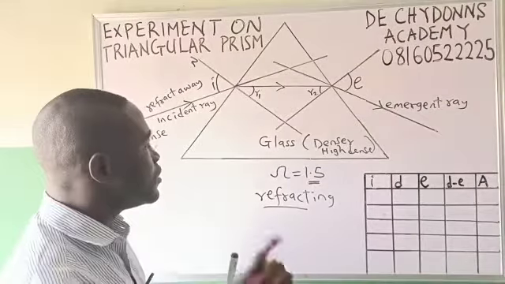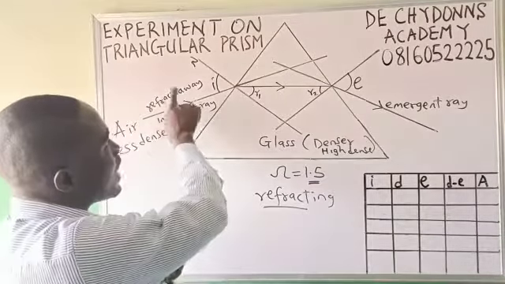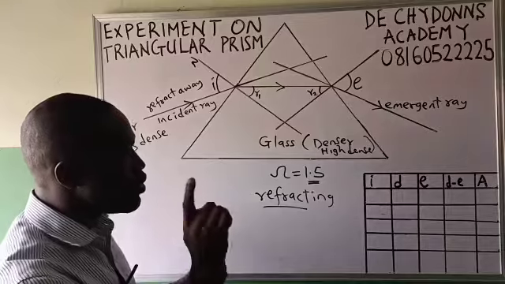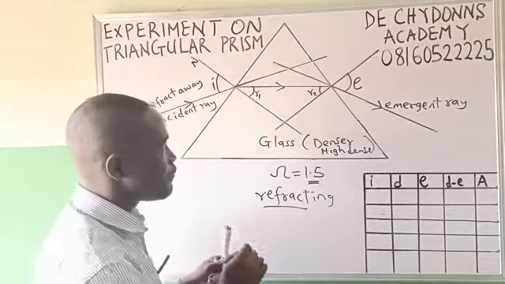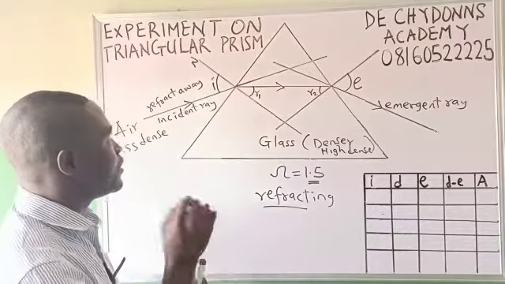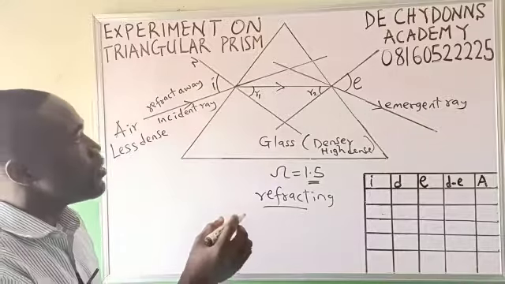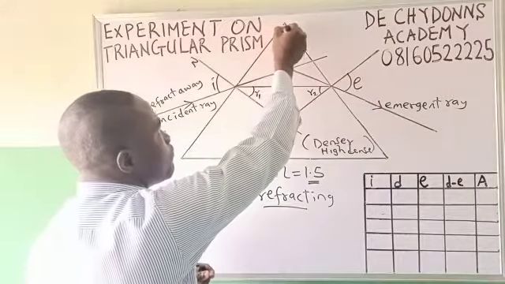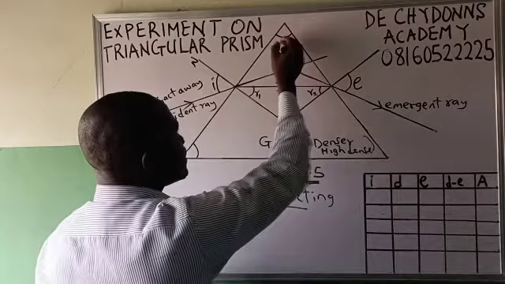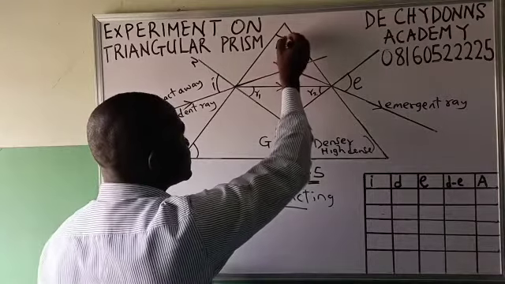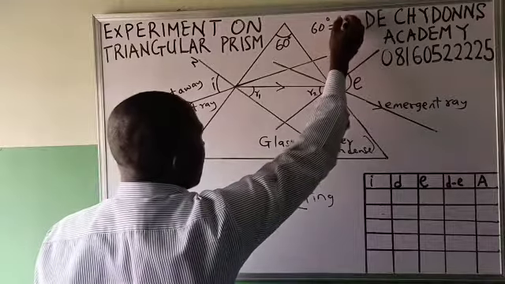I repeat, recall that the refractive index of a triangular prism or rectangular prism is approximately 1.5. Having this in mind, now this I is here. The angle formed by the triangular prism is approximately 60 degrees. This 60 degrees, we call it our A.